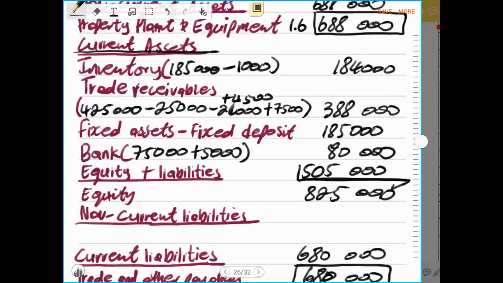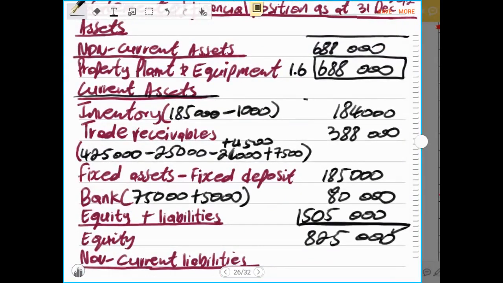Then after, our inventory is 184,000 rands. Let me just write that on top. Then adding the sum of the four amounts will give us the total current assets.